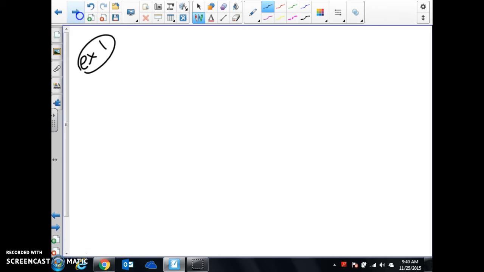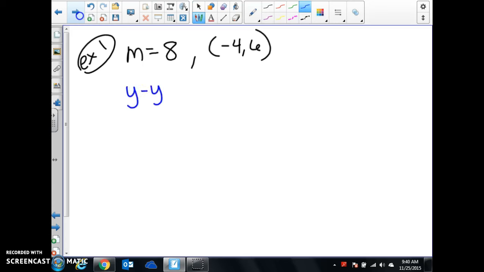Okay, if they give us that our m is equal to 8, and then our point is -4, 6. Okay, so we start off by writing our formula. y minus y1 equals m(x minus x1). First thing I do is plug in my m, which is 8.